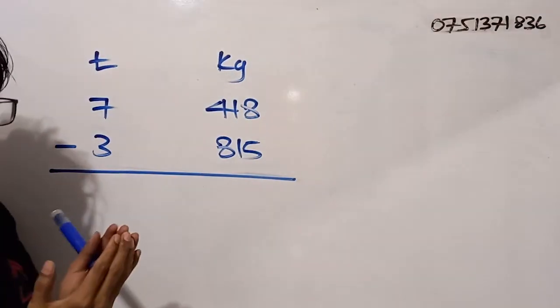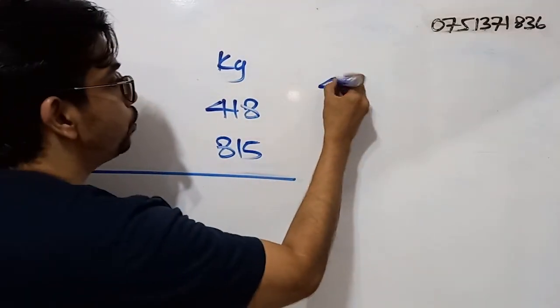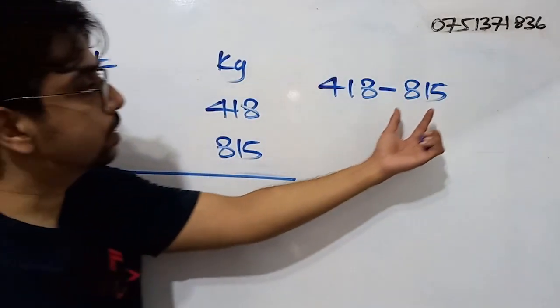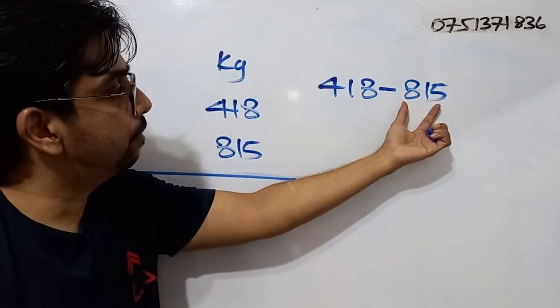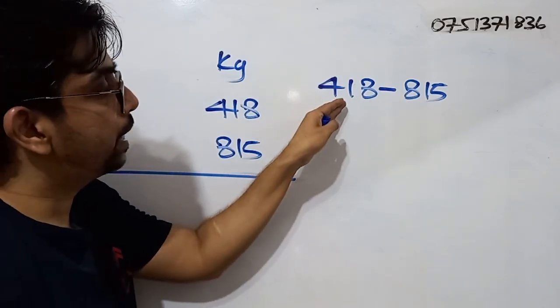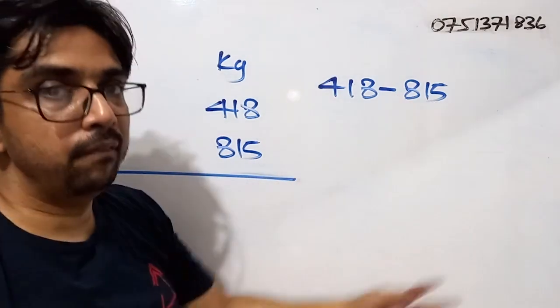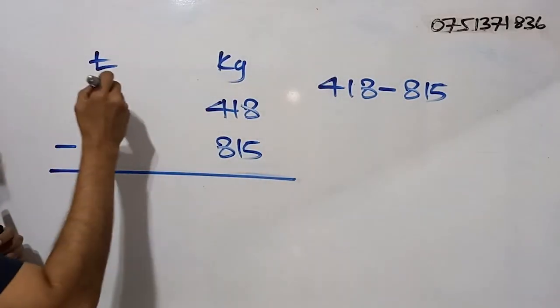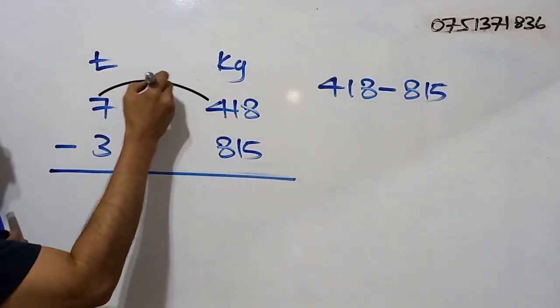So the first thing you need to do is what? We have to check whether we can subtract 815 from 480, or simply 418 minus 815, can we do? We can't. Then what do we do? We borrow a 1 from the tons.